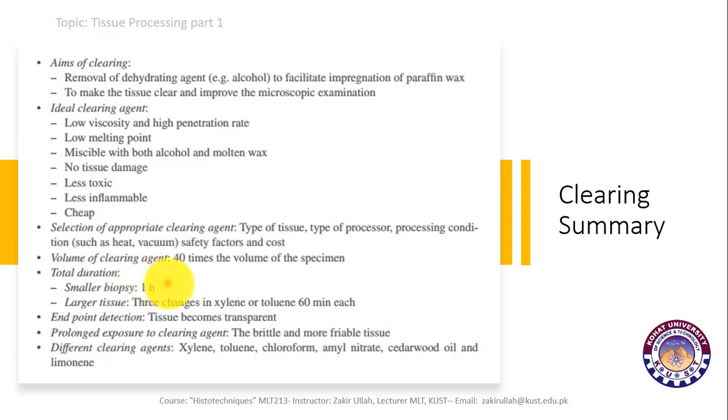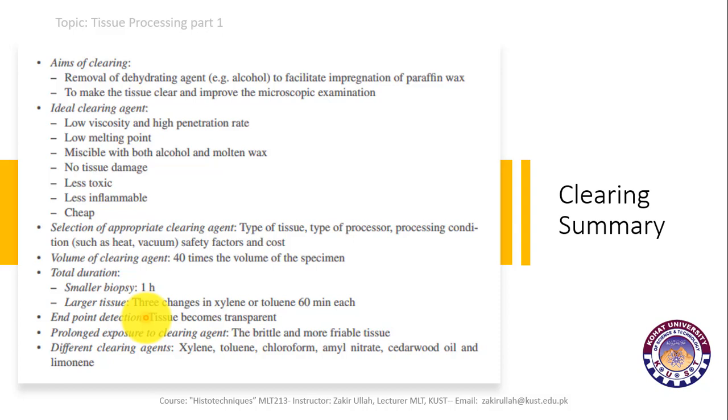The volume of the clearing agent should be 40 times more than the volume of the specimen, and the time during which this clearing process is performed: for smaller tissues, it is performed in 1 hour, and for larger tissue, this clearing is performed in more than 1 hour, and the xylene must contain 2 or 3 changes for better clearing.